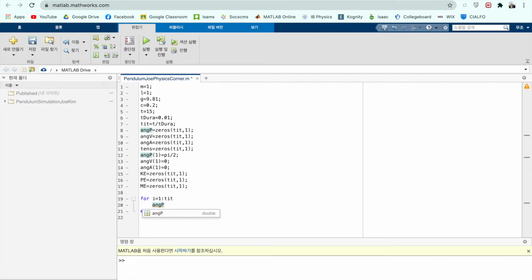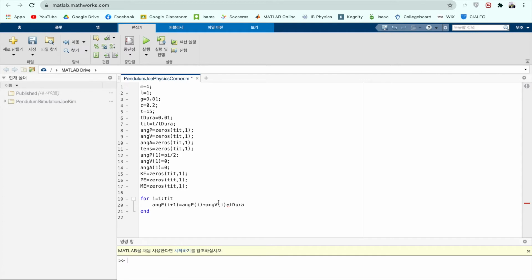The angular position at value i plus 1 is going to be equal to the angular position of the before value, plus the angular velocity of the before value multiplied by the duration.